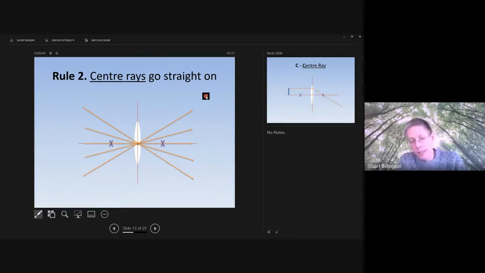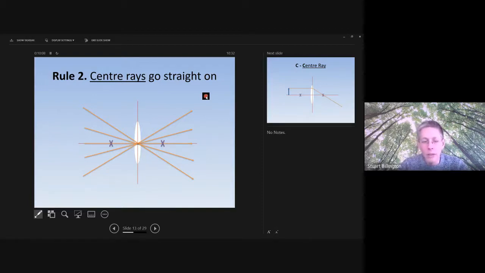And so whatever refraction or bending takes place as it enters the lens is undone again in exactly the same way as it passes out of the other side of the lens. So it's not true that the lens doesn't do anything to the light. It's just that we don't notice what it did to the light, because whatever it does to the light on the way in, it undoes to the light on the way out.